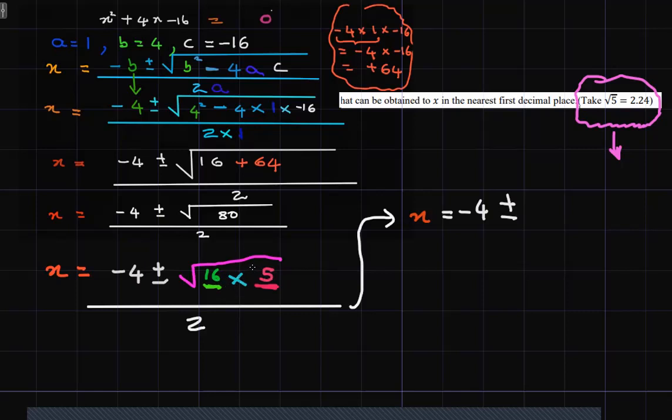So when there's a multiplication between the numbers inside the square root sign, we can give the square root sign to 16 and 5 individually. So what's the square root of 16? Let me write the same thing here so that it's more clear. While I write, you can think of what the square root of 16 is.